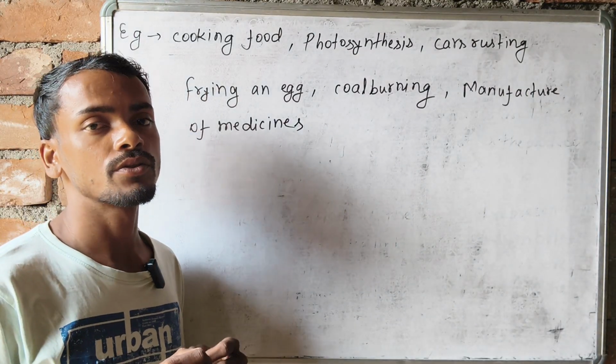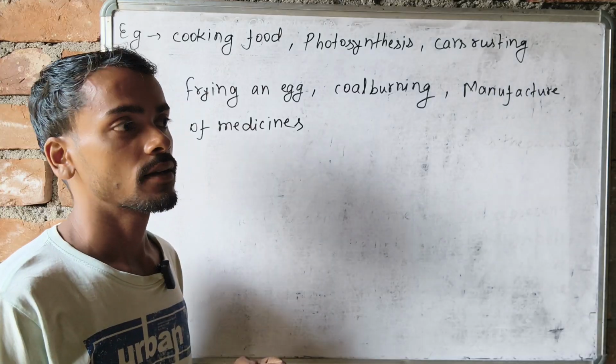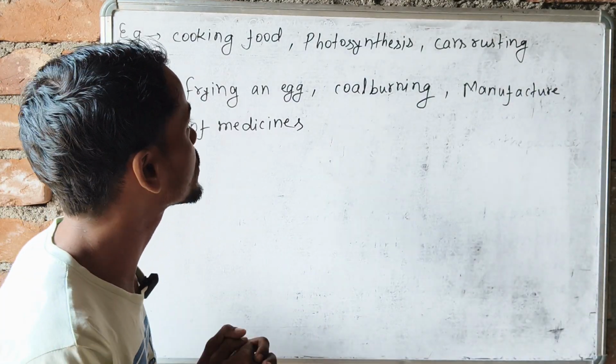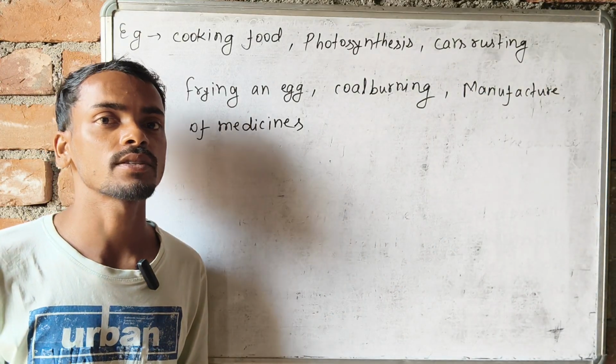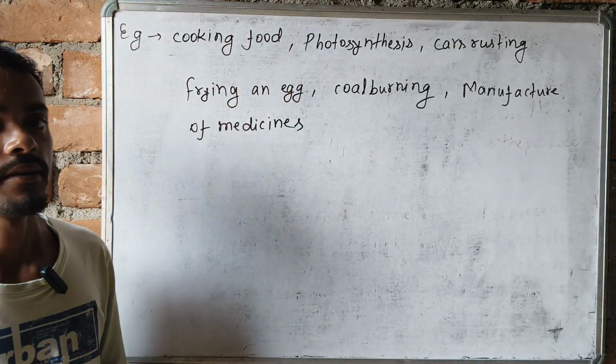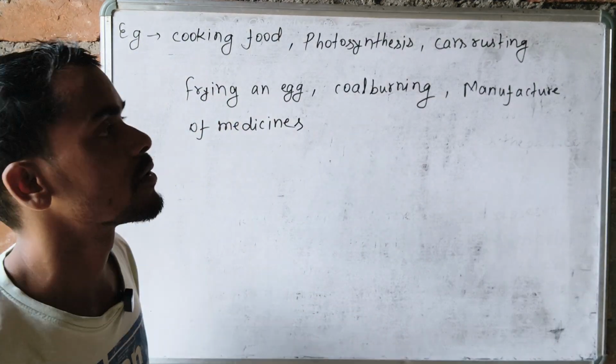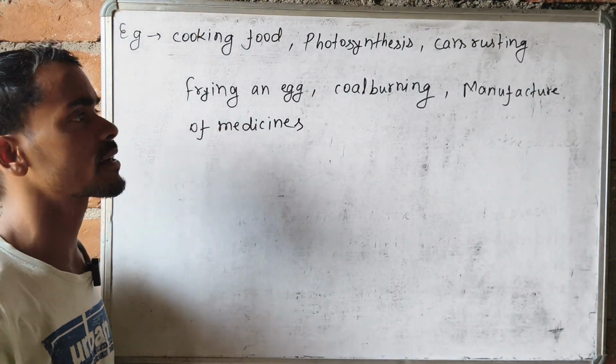What do we see? The rice is converted into food, and we can eat it. That means in that process something new is formed, and that is called a chemical reaction.